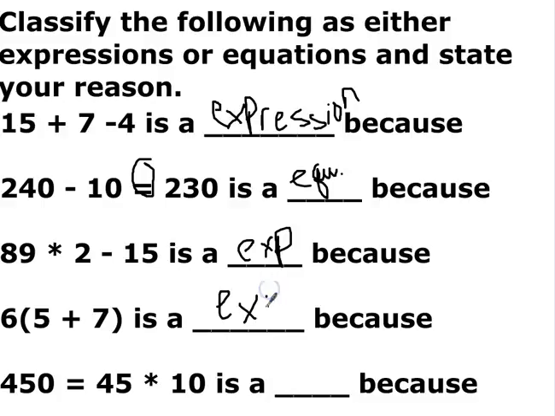And it's an expression because it does not have an equal sign. And the last one, 450 equals 45 times 10. This is a what and why. And this time we're going to go with Pedro.